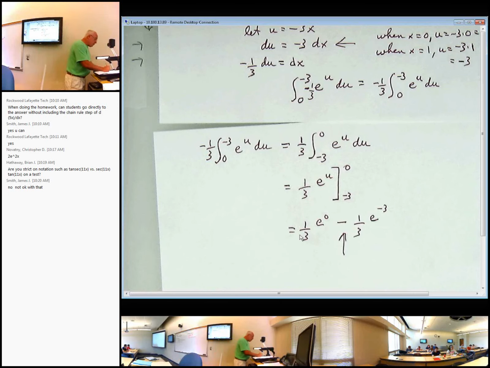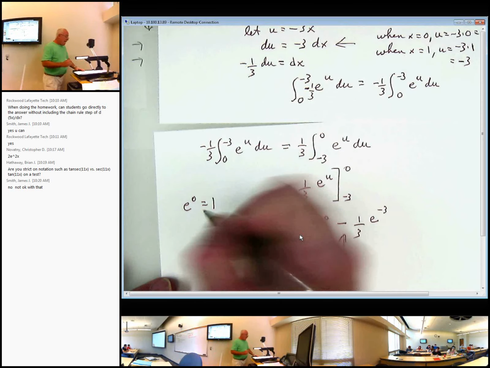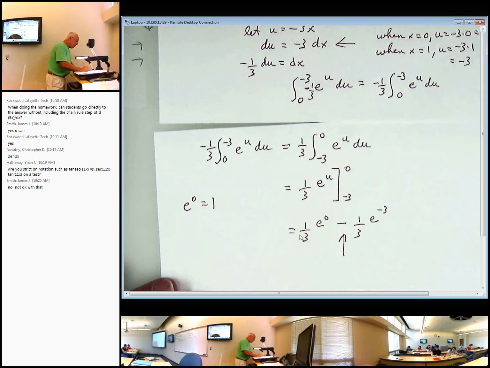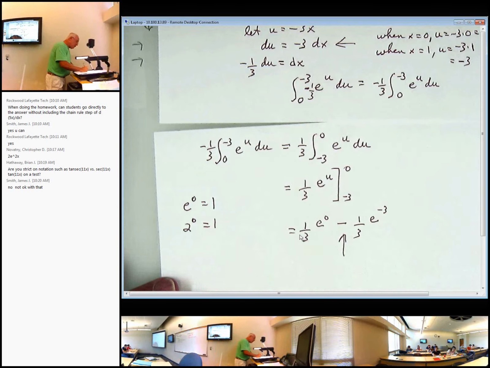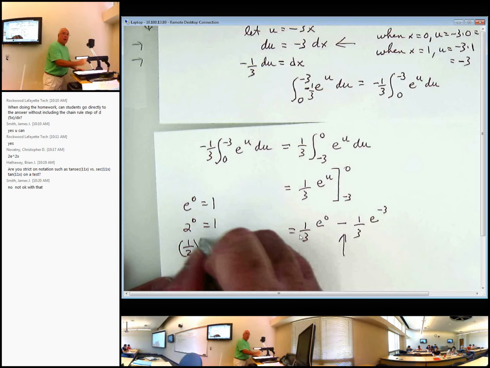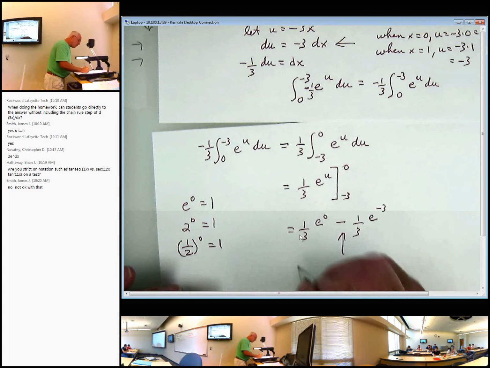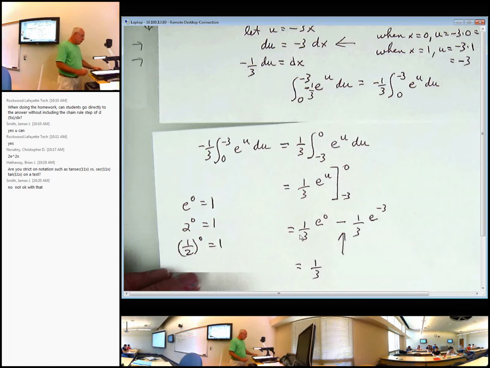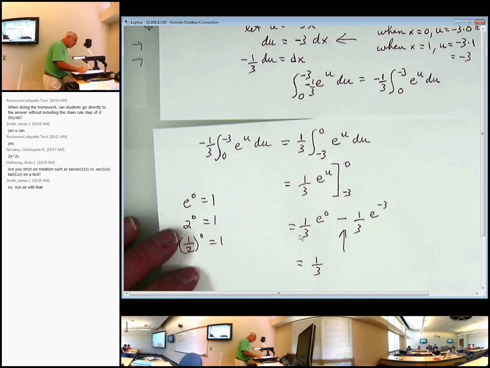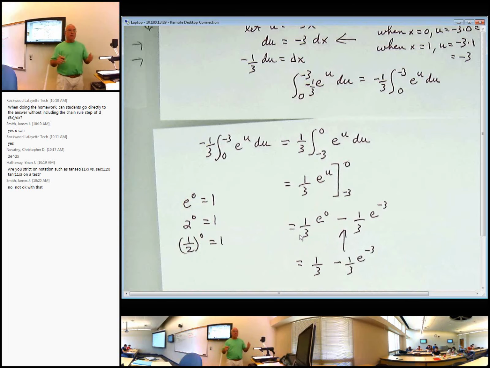E to the 0 power, let's go off to the side here, is equal to 1. Any number to the 0 power is equal to 1. So therefore, this first one can just be replaced by 1/3 times 1, or just 1/3, minus 1/3 e to the -3 power. And that's as simplified as I want it.